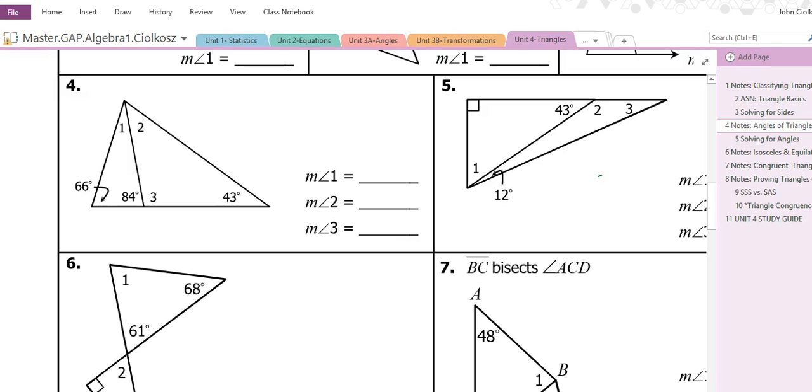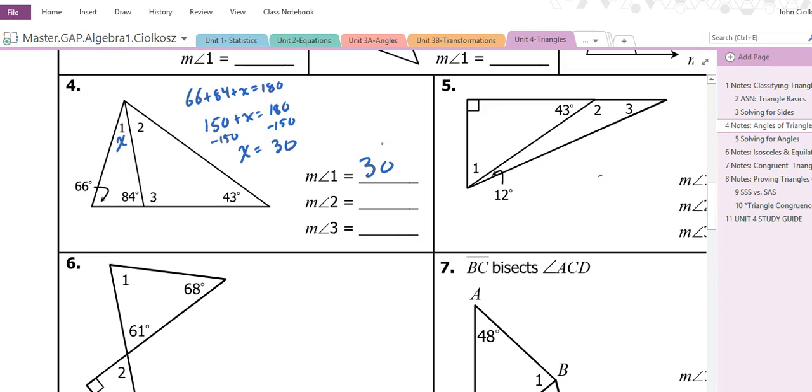So for 4 here, okay, let's start with angle 1. Well, if we call it x, these 3 have to add up to 180. So let's see, that gives me... So 1 is 30.